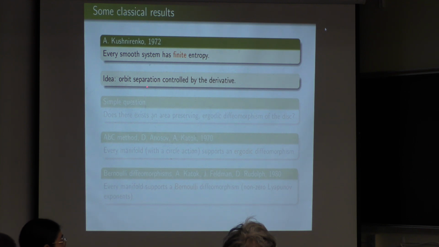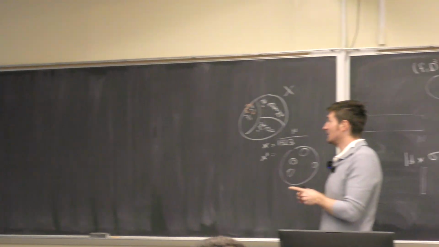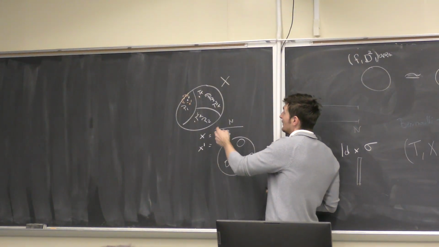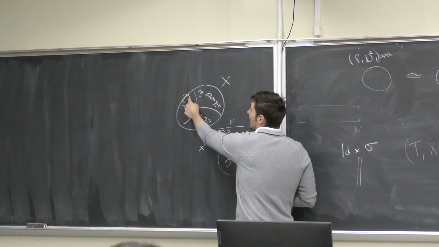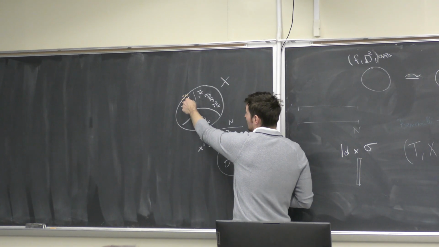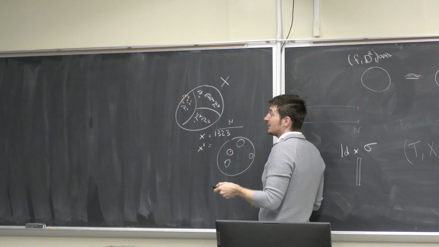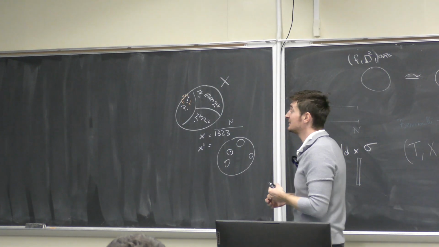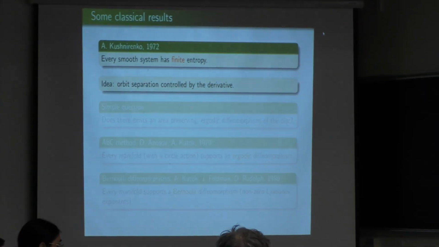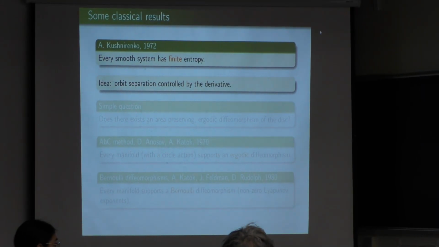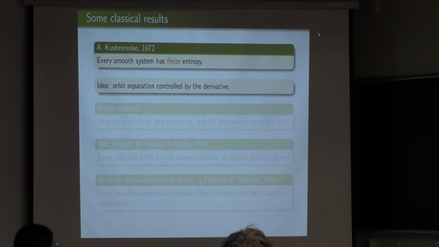The idea behind this is that the orbit separation is controlled by the derivative, right? If you view entropy, which is a useful viewpoint, I take a point, and ask how much can I perturb it so that they still see the same future for n steps? If I have a C1 map, it will be controlled by the growth of the derivative over the first n steps.